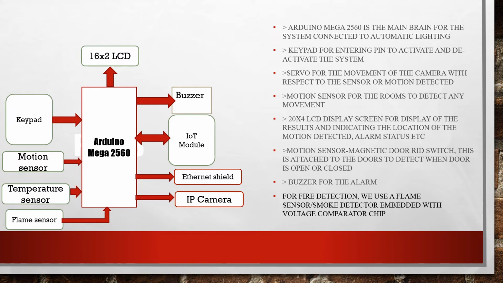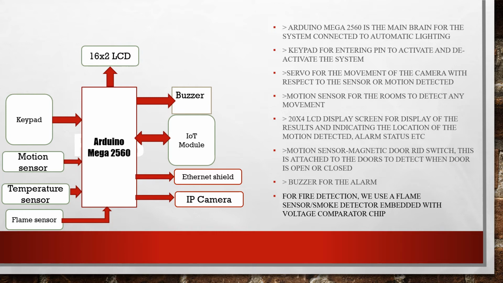Again, a motion sensor on the magnetic door lid switch, or a PIR sensor that is connected, detects the presence of unauthorized entry. Buzzer is for the alarm, and also we have the flame sensor, temperature sensor or smoke detector.